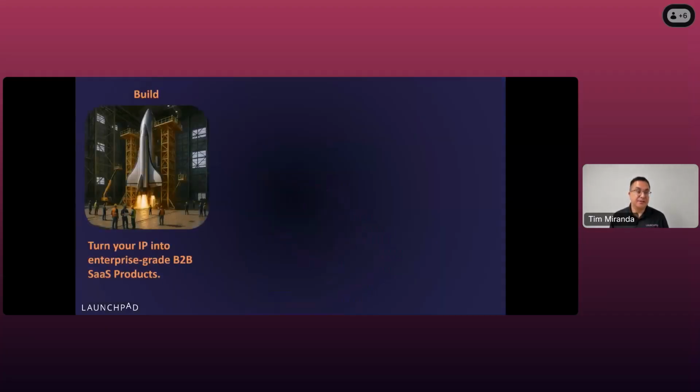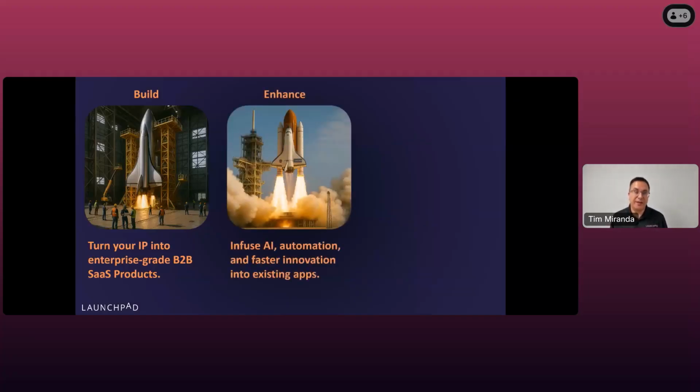Okay, so there's three basic ways to think about getting Launchpad into your ecosystem. One is building an entirely new end-to-end application in Launchpad, taking your IP and building a business-to-business SaaS product with it. Another way is to enhance your existing software, the software that you already have out there in production, and infuse generative AI, automation, and workflow into your existing apps.